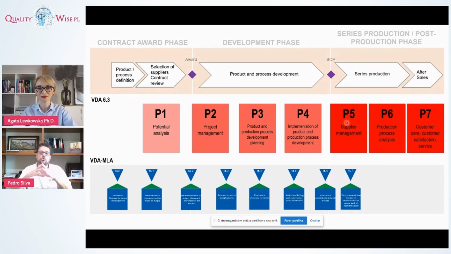From the total number of questions from P2 to P7, VDA selected nowadays 35 questions, if I'm not wrong, out of the total VDA 6.3 to condense into another form of audit that companies can use to evaluate the potential of a new supplier.